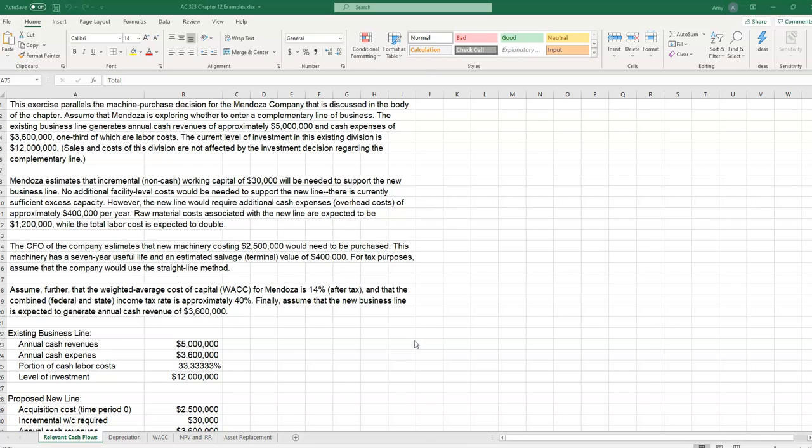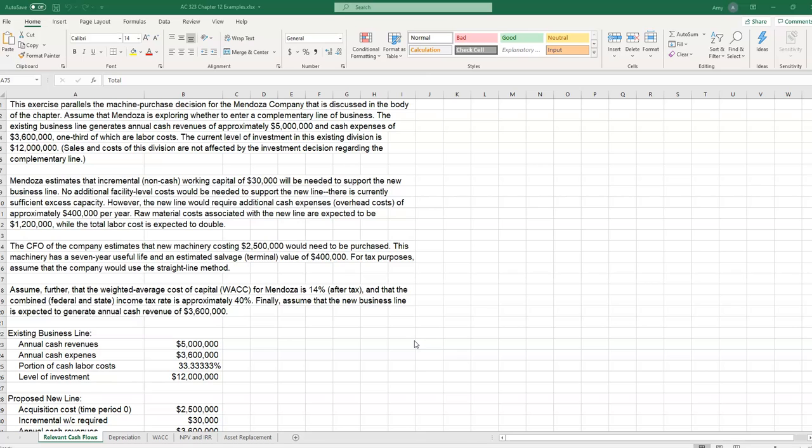We're going to have additional cash expenses of $400,000 a year. Raw material costs will be $1.2 million a year. The CFO estimates that we need a new machine with a 7-year life and estimated salvage. We're going to use straight line depreciation for tax purposes. Our weighted average cost of capital is 14%, and our tax rate is 40%.